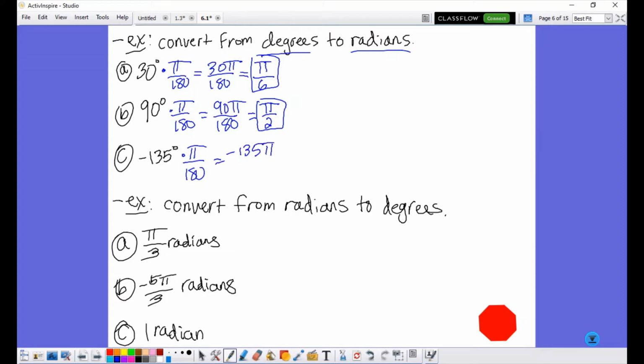So multiply by pi over 180, this becomes negative 135 pi over 180. Now we have to simplify this fraction. Both of these values should be divisible by 45, and so we should end up with negative 3 pi over 4.